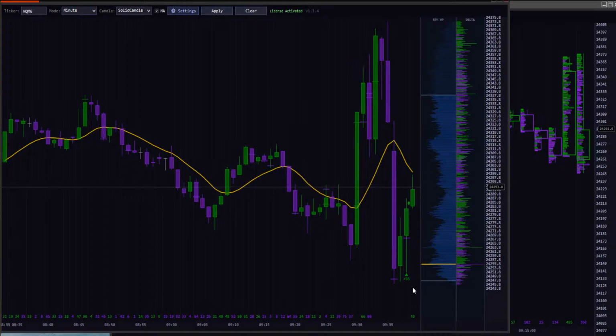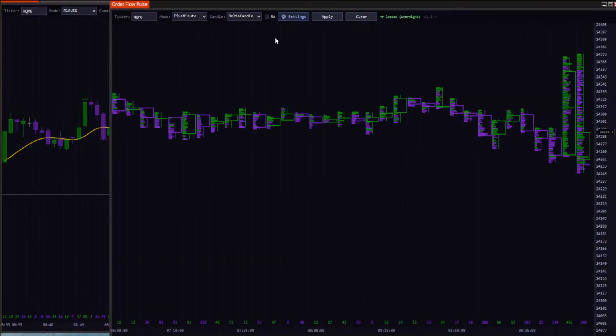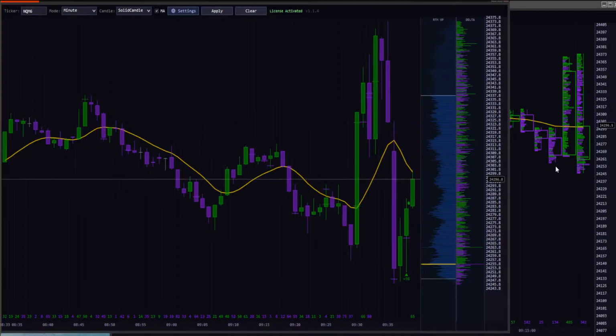So we have a delta surge right here, and it closed up in this area, but we're below the moving average. And if we look at the moving average on the 5 minute, it's just flatlining.